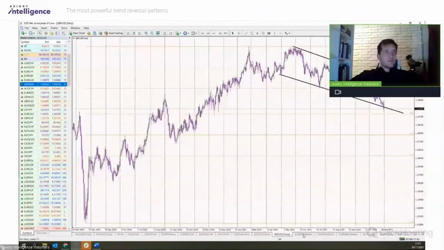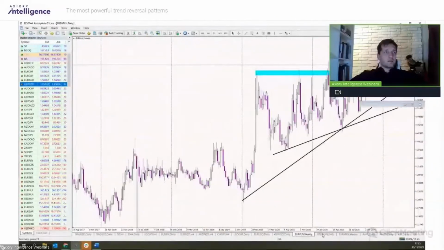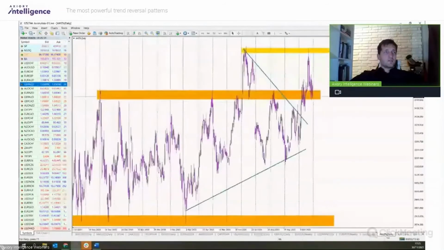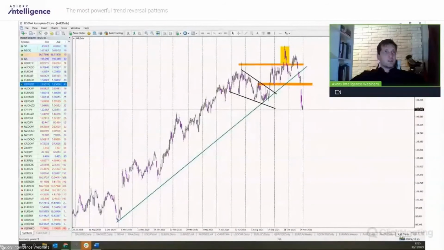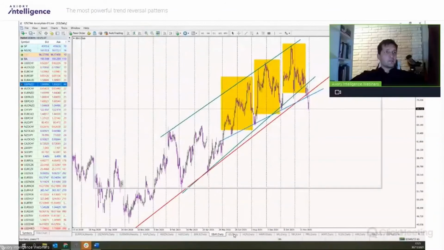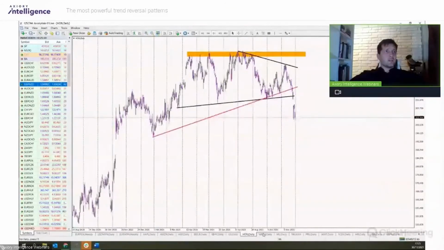Okay, we had some volatile movements during our webinar. I'm checking them now. Yeah, on stocks, yes, on stocks I do have, I think, a few symmetric triangle patterns like this.